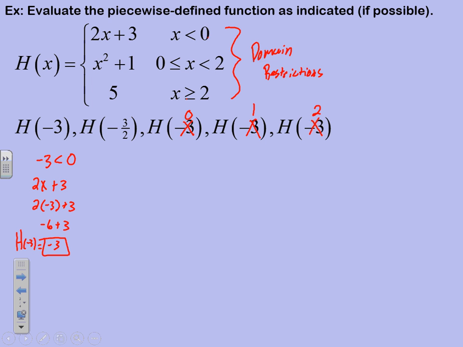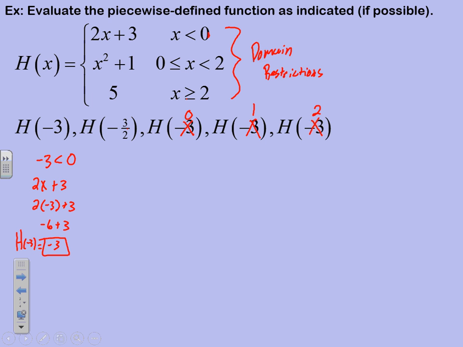We're going to use the same approach for the remaining four. Again, -3 over 2. Where does it fit in these three domain restrictions? -3 over 2 is still less than 0. So it'll still go into the first domain, because that's the only piece that allows me to use something that is less than 0.